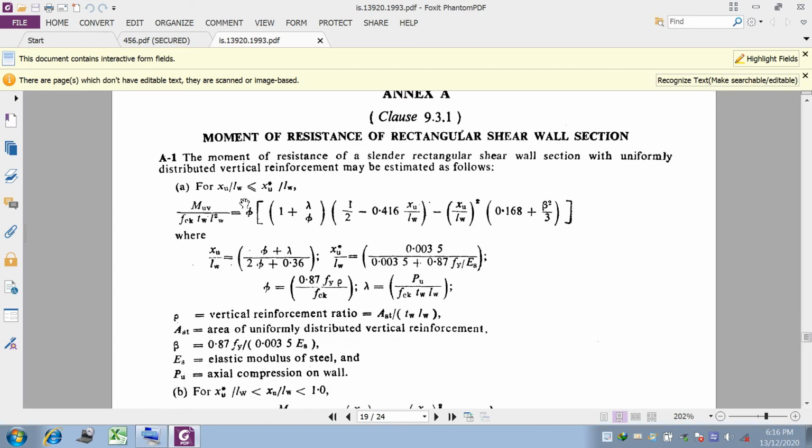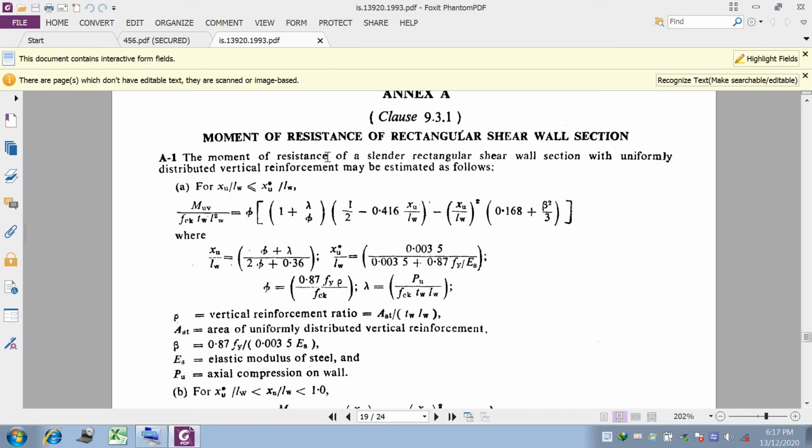It is similar to the formula applicable for the design of a compression member as per IS 456. If you remember the clause of IS 456 on the design of the compression member, that is, a T-beam or flanged beam, there are certain criteria. Based on that, one can decide the T-beam or the L-beam. Similar to that, here also there is a moment of resistance formula.